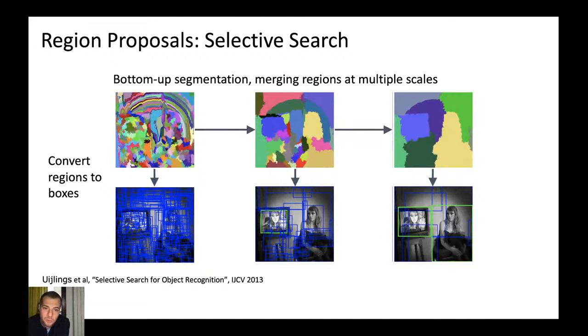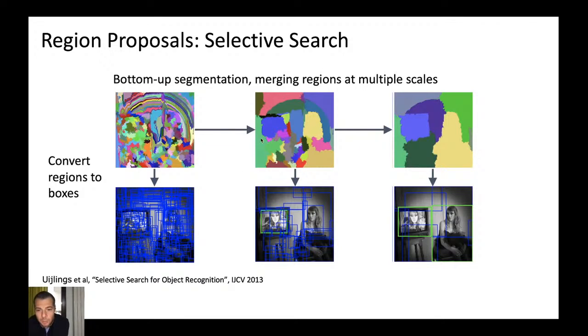One approach to do this is to use bottom-up segmentation. We can use a low-level segmentation approach, something that generates superpixels, and then we can merge these regions at various scales, and for each scale we can transform these regions into potential bounding boxes.